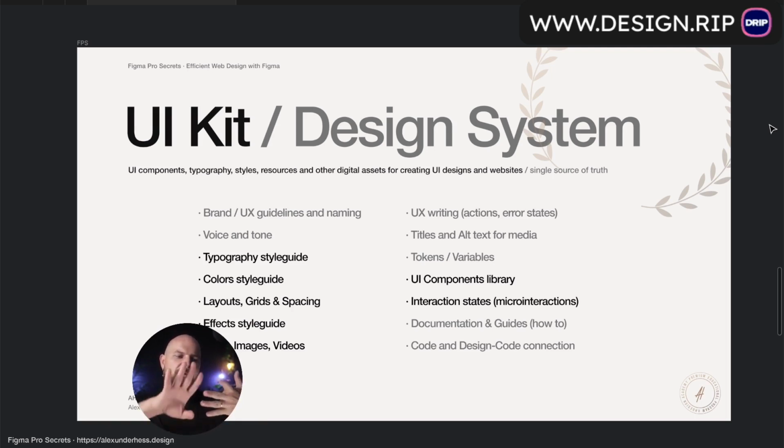In this case, you use the same alias, accent color, but the semantic where you will be using this color is different. And later you will be able to change this color. Maybe you decide, you know what? We decided to go with red instead of blue. And you just change one color, the accent color, and because all aliases are using this color, all the elements will change the color to red as well. So tokens and variables.